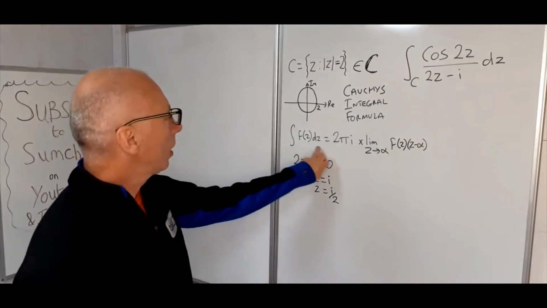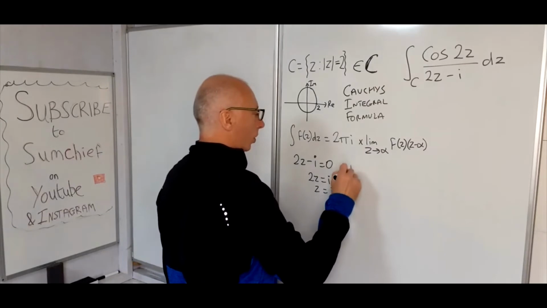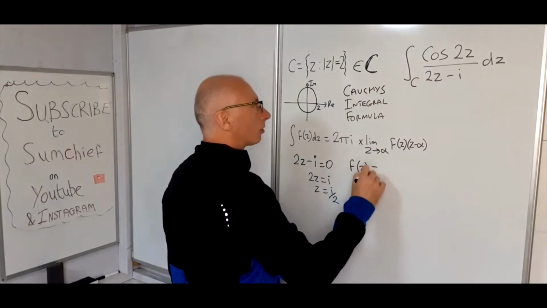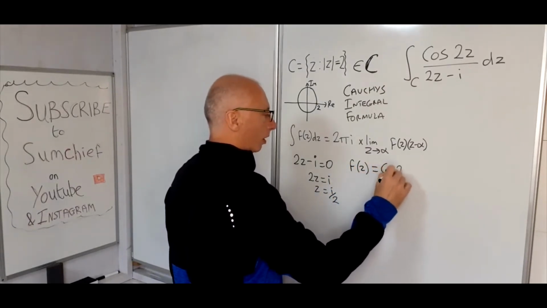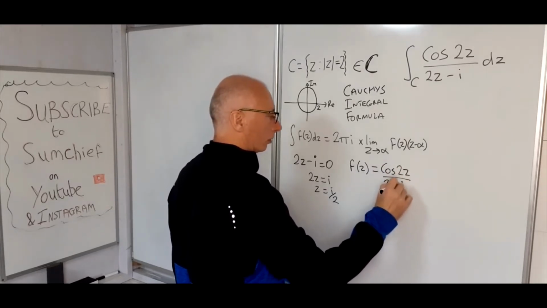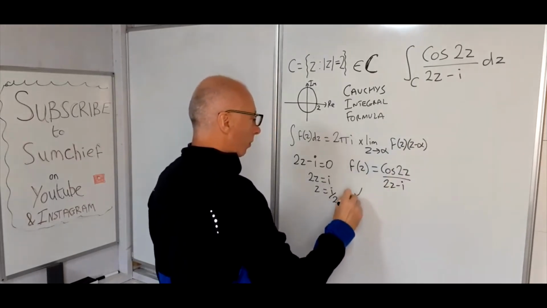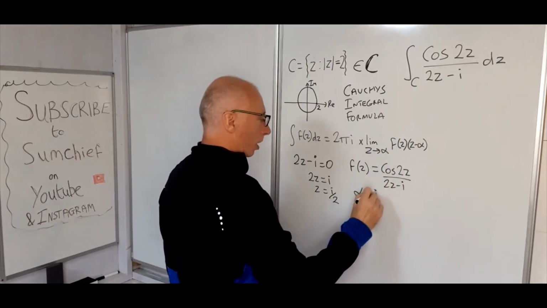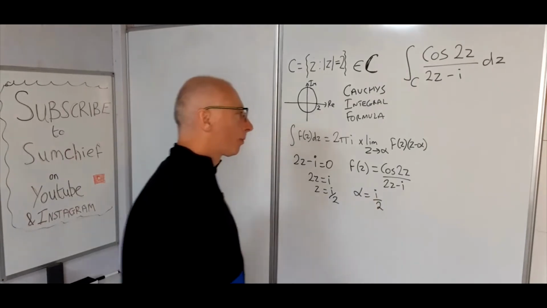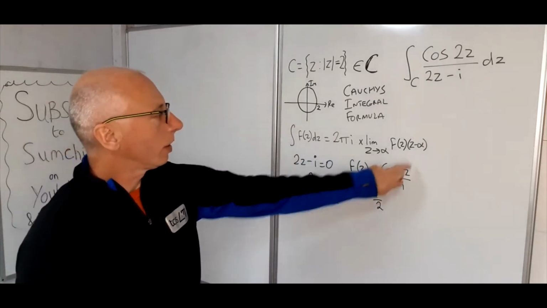So now working on this formula here, we'll let f of z equal this function here, and then alpha equals i over 2.